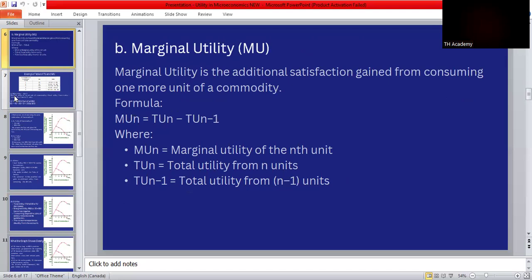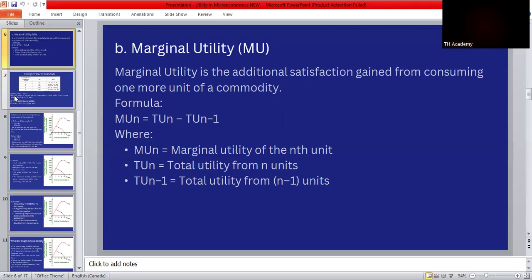Next is marginal utility or MU. So marginal utility is the extra satisfaction you get from consuming one more unit of a product. For example, if you eat 1 slice of pizza, it gives you some happiness, right? But eating a second slice gives you additional satisfaction. So that's your marginal utility.